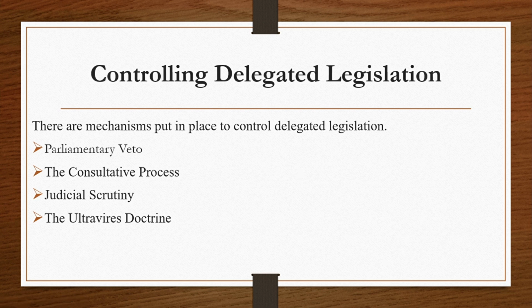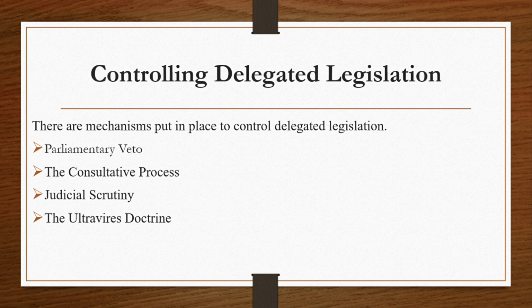In this video we are going to be looking at controlling delegated legislation. So how does the parliament control the powers that they delegate, or the powers that they give to other individuals or other bodies to make laws?